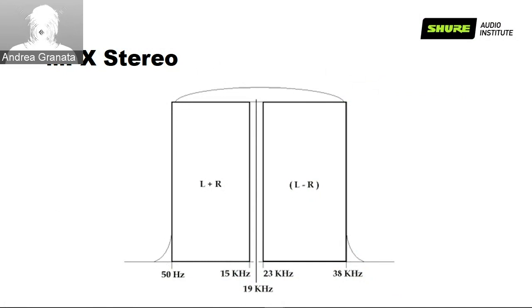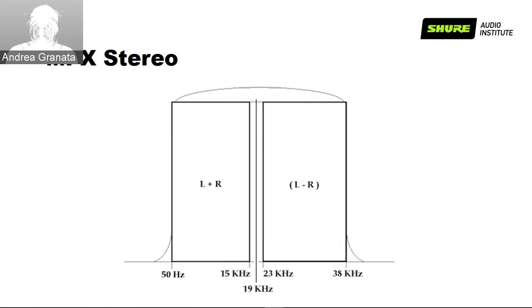Plus, if you look at the picture in the center, you will notice that there is a line at 19 kHz. This is nothing else than a tone key that informs the receiver that it is getting a stereo transmission, and from 23 kHz to 38 kHz, we have the second part of the signal.